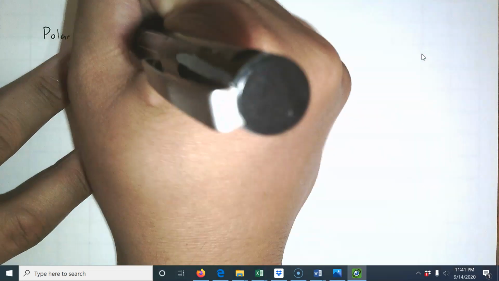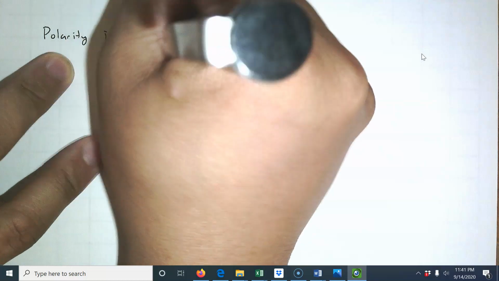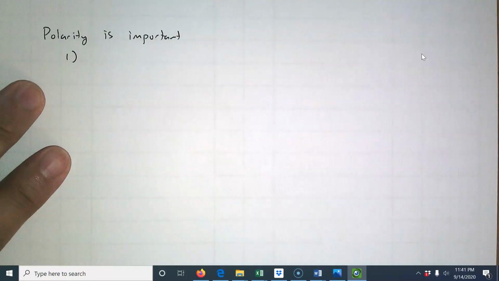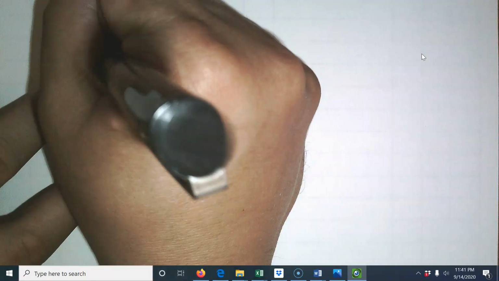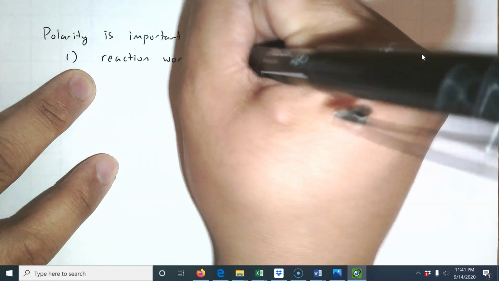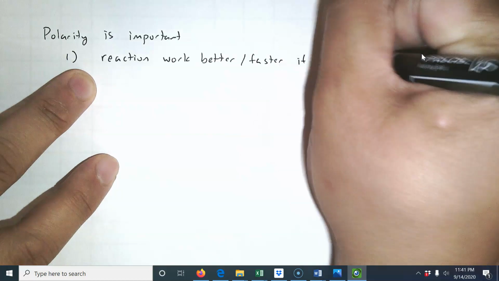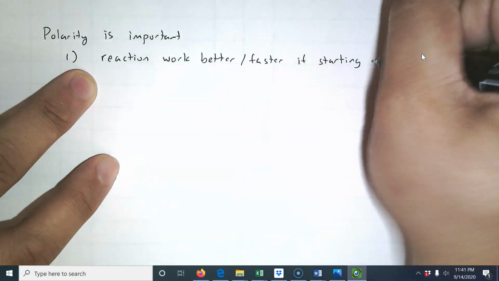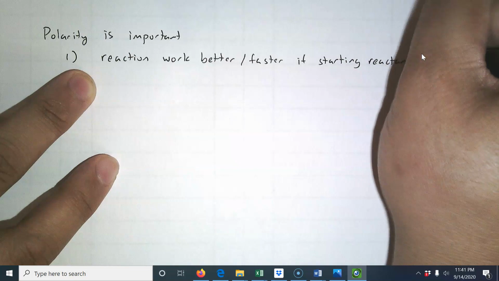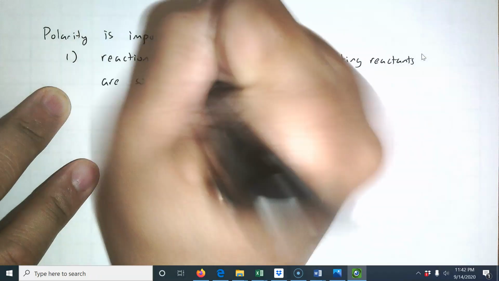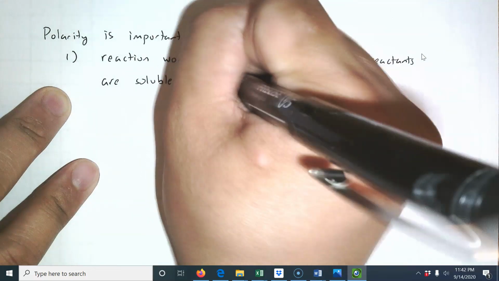So polarity is important for two main reasons. Before we talk about purification, the first reason is reactions work better, or you could even say faster, if starting materials or starting reactants are soluble. They mix. Okay.